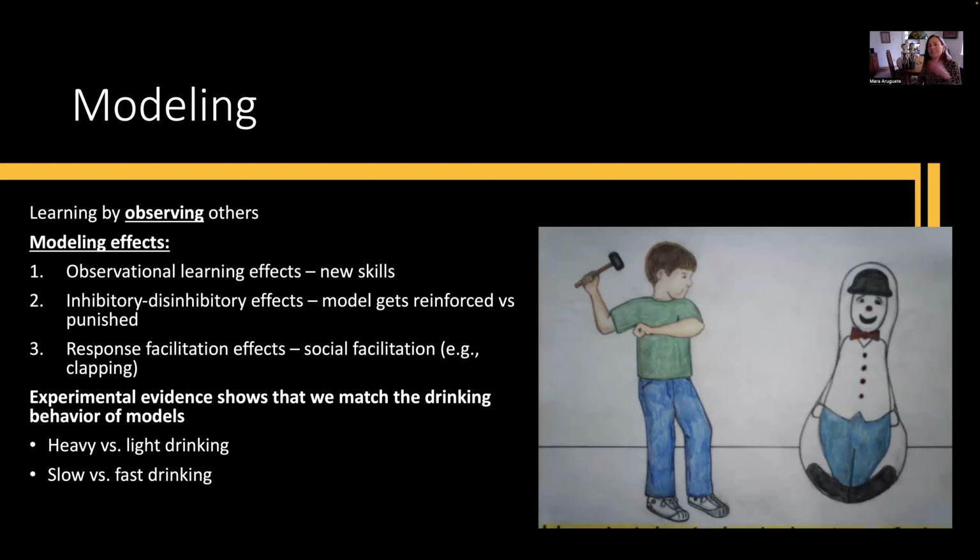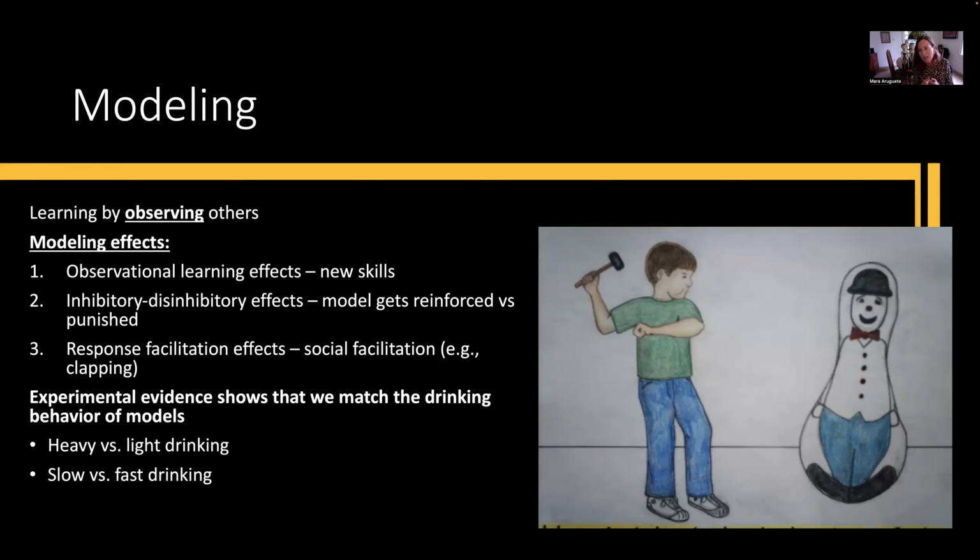So what they do is they take people into the lab and they put them with what we call a confederate, or kind of a fake person who's acting in a certain way. Not a fake person, a real person, but they're acting. And what they do is they'll put them with somebody who's drinking very heavily versus someone who's drinking very light, someone who's drinking very fast versus someone who's drinking very slow. And it turns out that participants in the experiment will match the drinking behavior of whoever the confederate is.